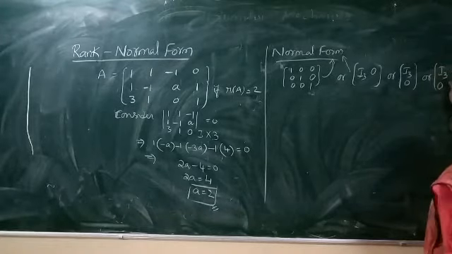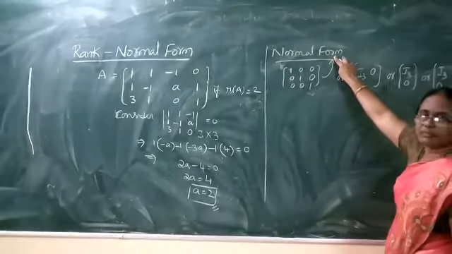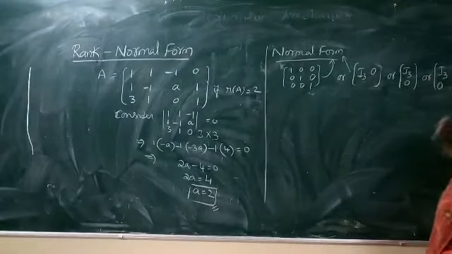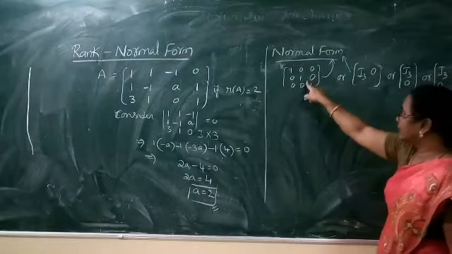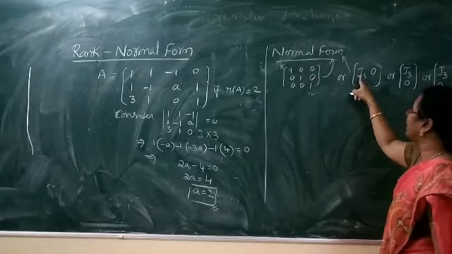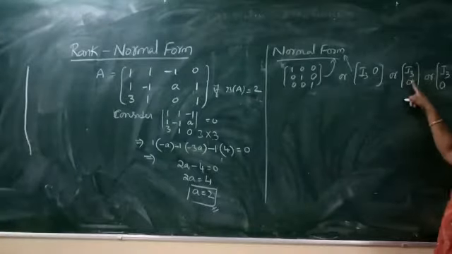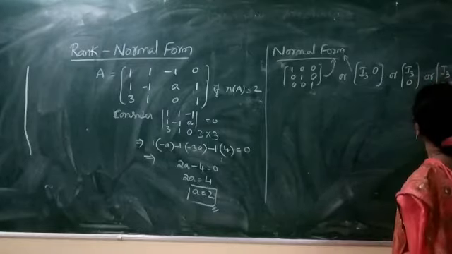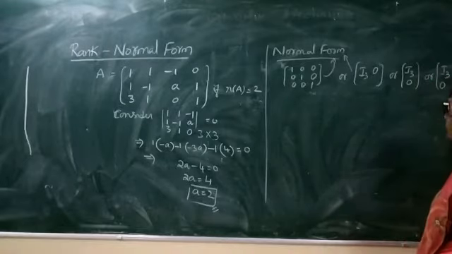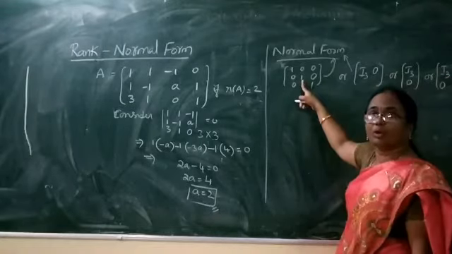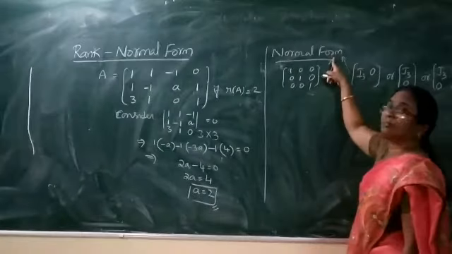And this form can also be called the normal form. So look here, the matrix is I3, or I3 along with a 0 column, or I3 along with a 0 row, or I3 along with a 0 column, 0 row and a singleton 0. Any of these forms can be called the normal form.